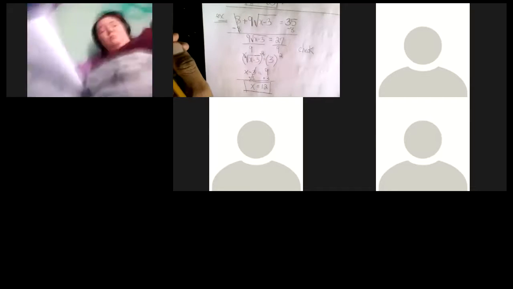So this is an even index. The even indexes we need to check. We check in the original problem and we will see if this is true.